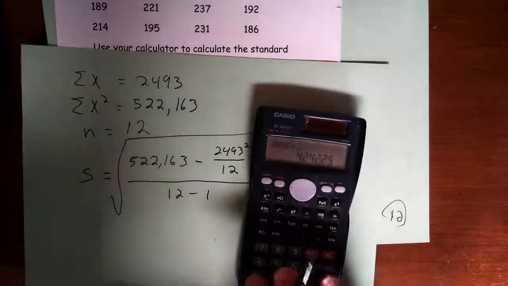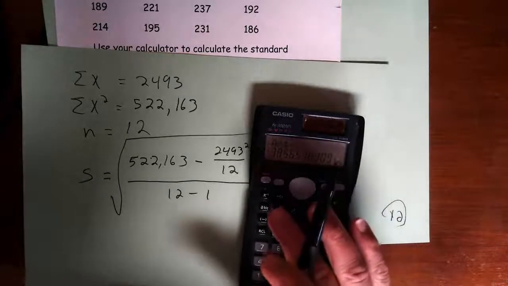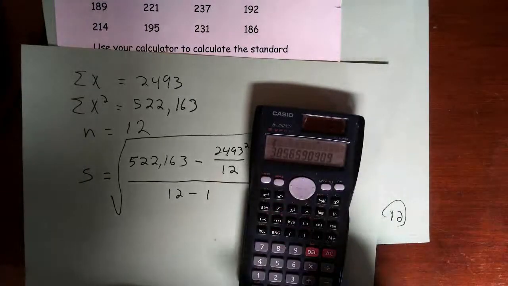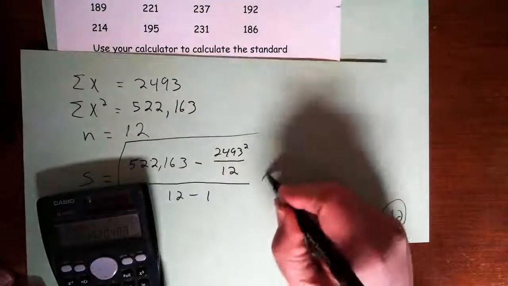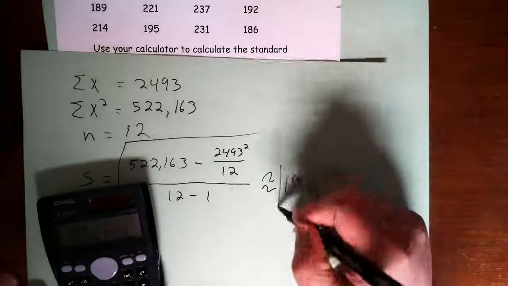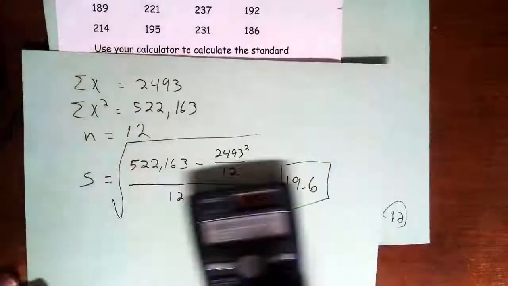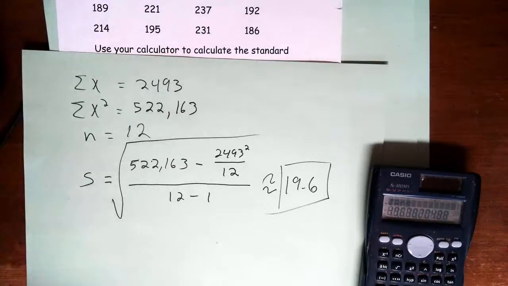Then I divide that by 11, which is the bottom, and that's my variance. Then I take the square root, hit equals, and I get the standard deviation, which is 19.6. And that's using a calculator to find the sample standard deviation.